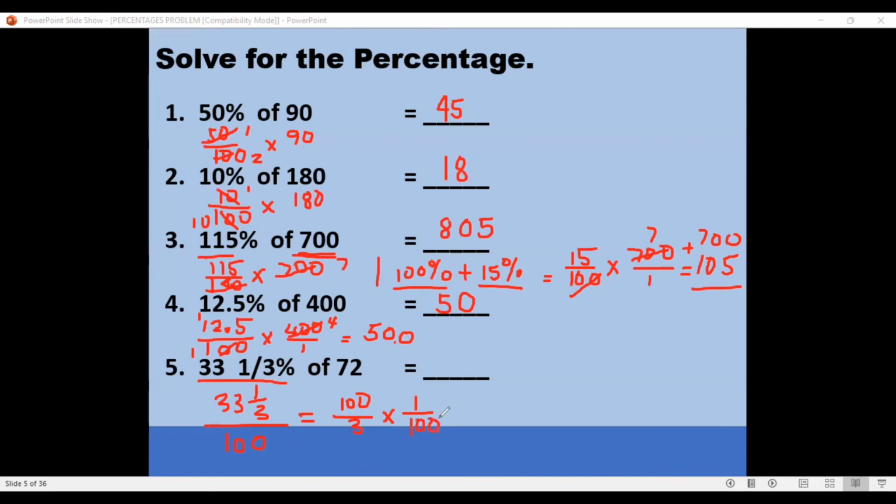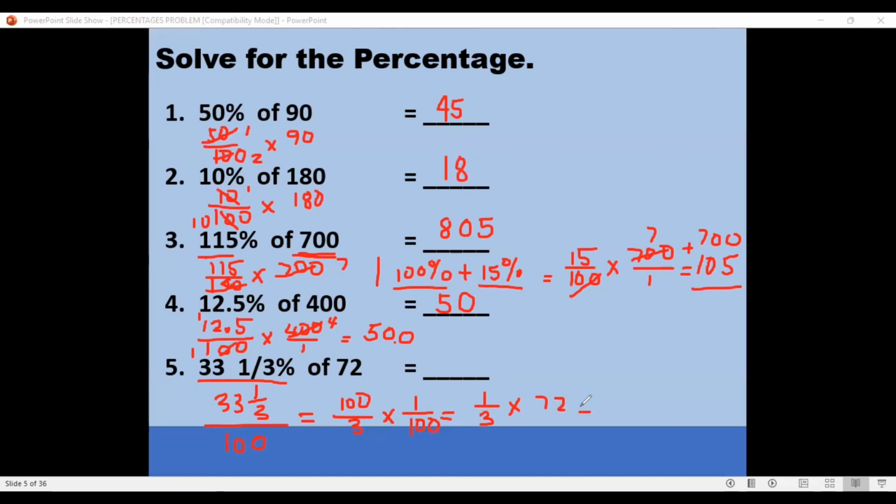Again, this is simply the equivalent of the 33 and 1/3%. But it will be better if you remember that. Okay, 33 and 1/3% is simply 1/3. So that once you have this problem, 33% or 33 and 1/3% of a certain number, you simply just have to divide your number by 3 or multiply by 1/3.